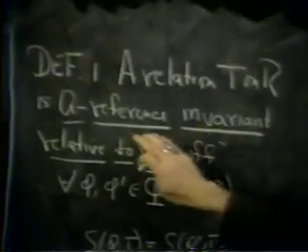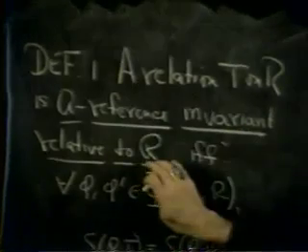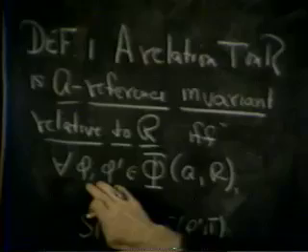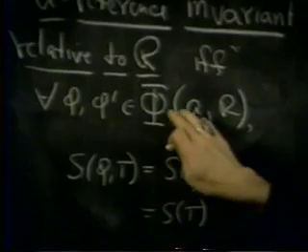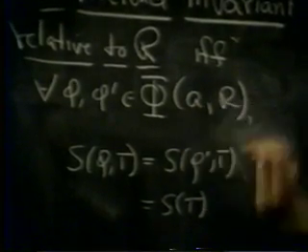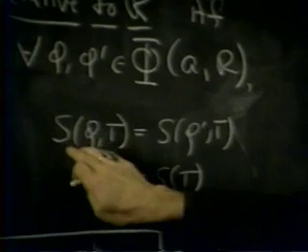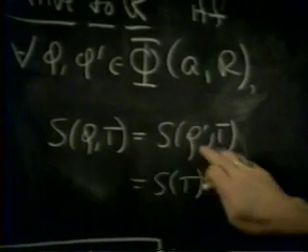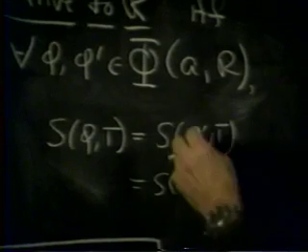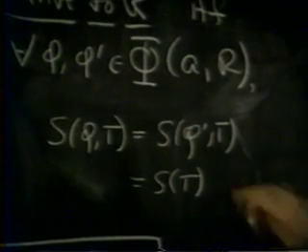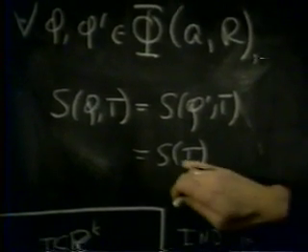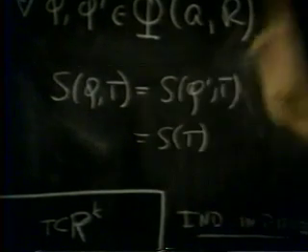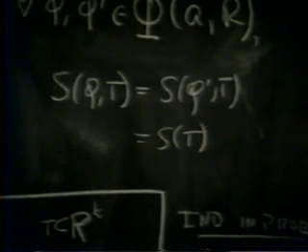So we'll define a relation T to exhibit A reference invariance relative to R if and only if for every pair of homomorphisms, phi and phi prime, that take script A into script R, the set of elements that map into T under phi is exactly the same as the set of elements that map under phi prime into T. And we'll call that common set S of T, suppressing the notation of the homomorphism because it doesn't depend on the homomorphism.